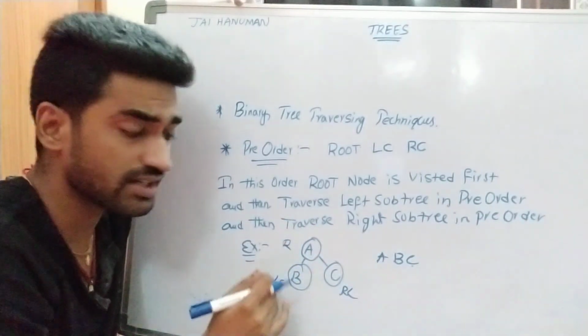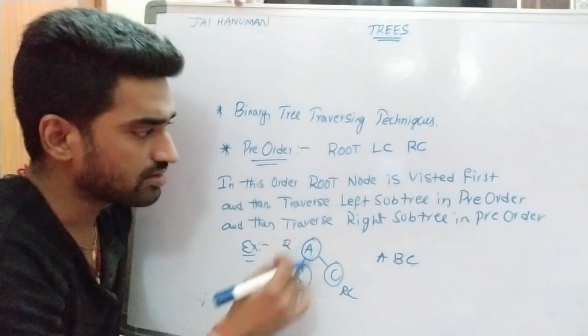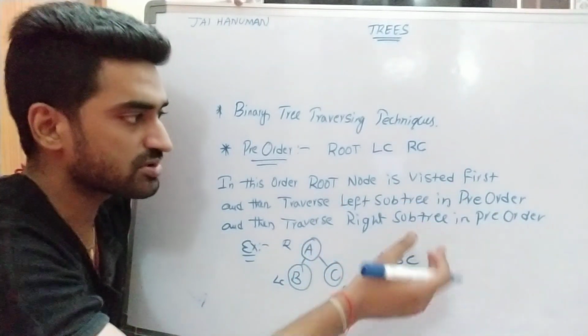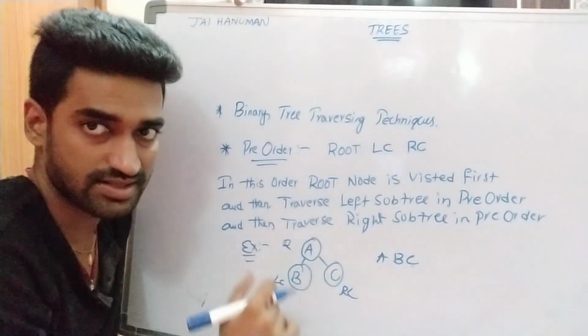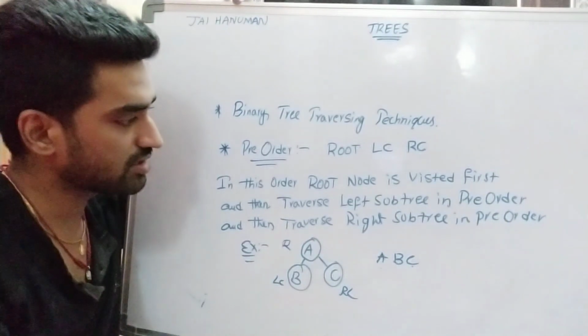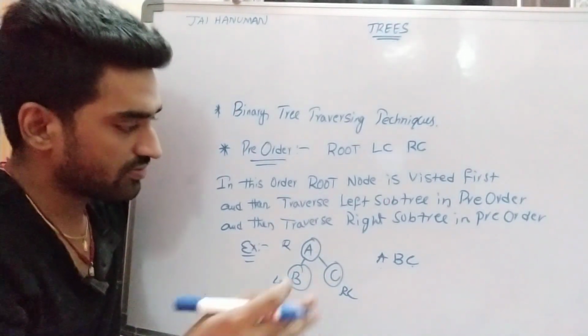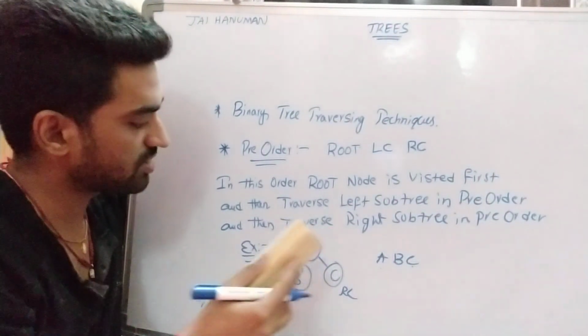If the tree contains subtrees, then we apply the pre-order procedure for the left subtree as well as the right subtree, right? So here I am taking one more example.